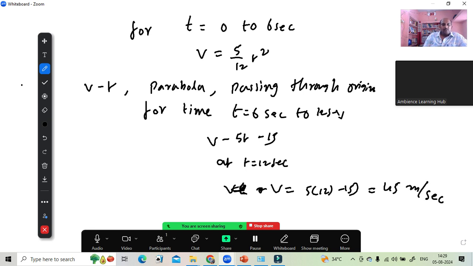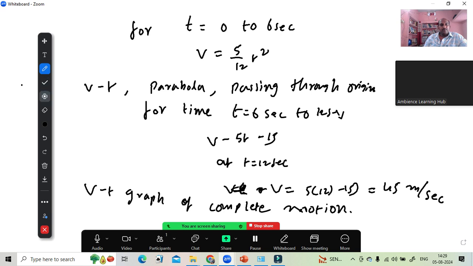This represents the vt graph of complete motion. So still we need to continue this problem.